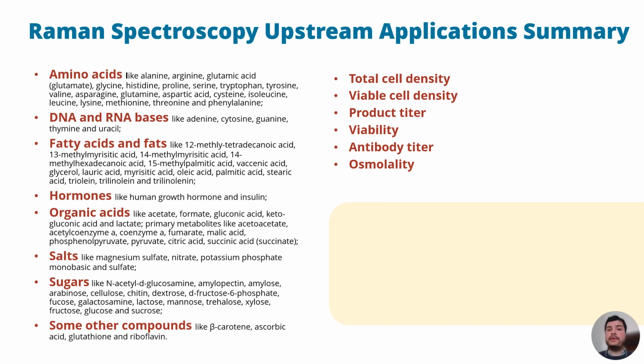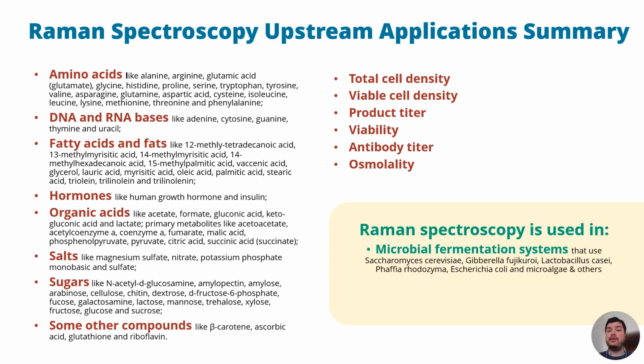Raman spectroscopy is used in microbial fermentation systems and cell culture systems using, for example, CHO cells.